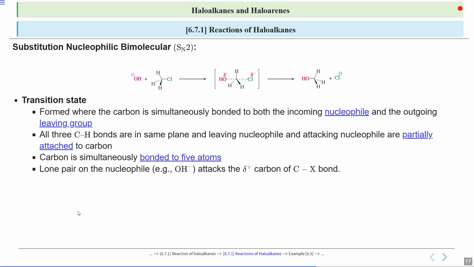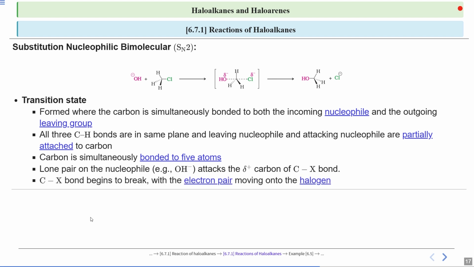The carbon-halogen bond begins to break with the electron pair moving onto the halogen, because the halogen is electronegative. So the carbon-halogen bond begins to break with the electron pair going towards the halogen.